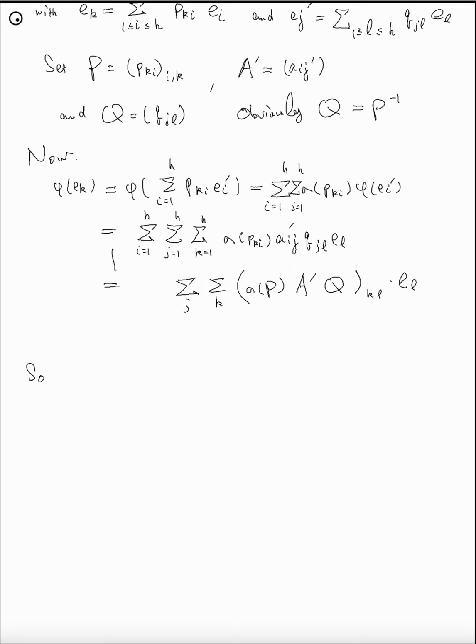There is no k basically because k is fixed, so this is actually l. Sorry for that. So finally we have k and l. And so we have two different expressions.